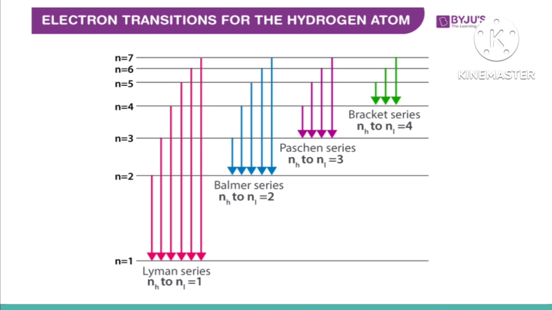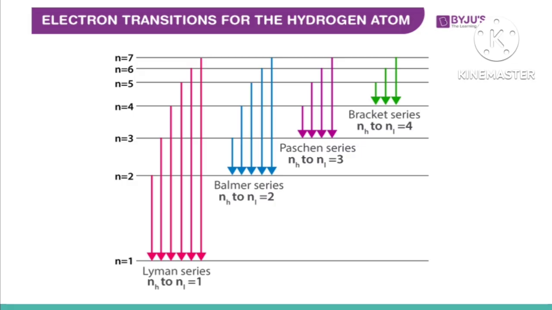When the electron transitions from a higher orbit, n equal to 3, 4, 5, 6 and so on up to infinity, to the second orbit, also known as the first excited energy state, they form the spectral series known as the Balmer series.